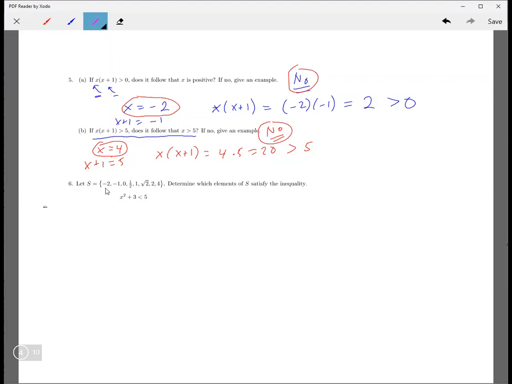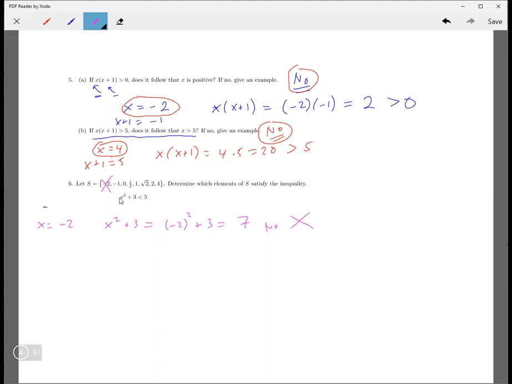Okay, so we test the first one, and this is going to be -2 squared plus 3, which is 4 plus 3, that's 7. So this one doesn't satisfy the inequality because that gives you a 7 when you plug it into here. And 7 is not less than 5.